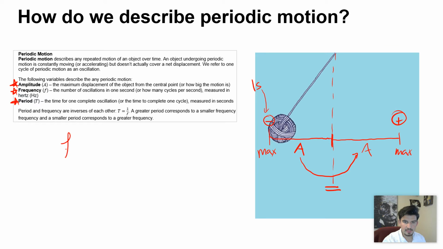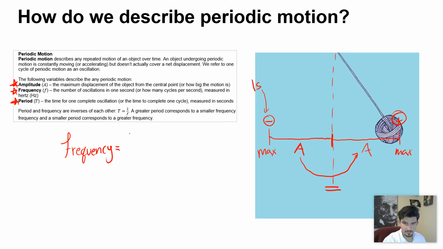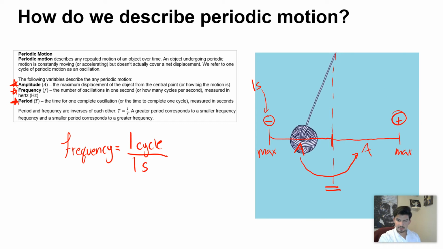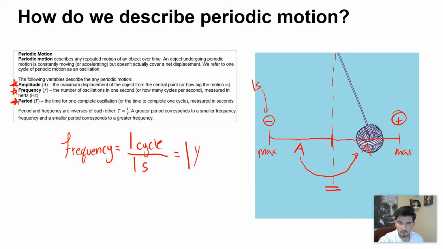Well, then we would say that the frequency is one time, or one cycle, we call that, per 1 second. And so we would say that this object has a frequency of 1. And oftentimes you'll see this as 1 over seconds. That would be the unit for it.